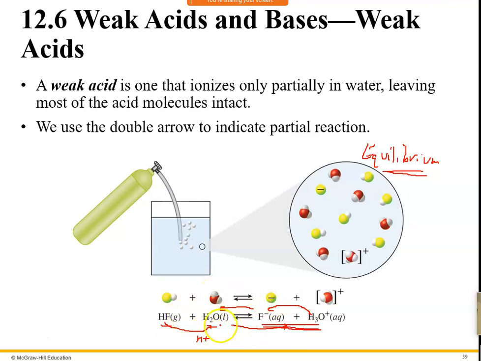And as soon as the rate of our forward reaction is equal to the rate of the reverse reaction, meaning for every mole that forms F minus and H plus, the same amount of moles form HF and H2O, we are said to be at equilibrium, where we have equal rates between reactants and products.